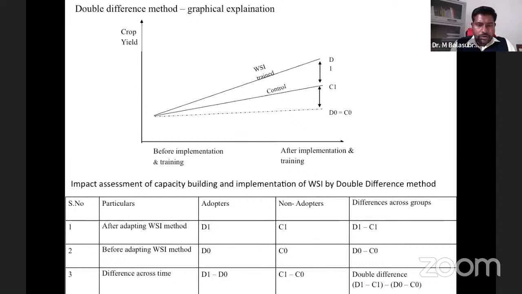After adopting water saving interventions, adopters are D1 and non-adopters, the control group, C1. Before adopting they are D0 and C0. The double difference which I have mentioned here is D1 minus C1 minus D0 minus C0.